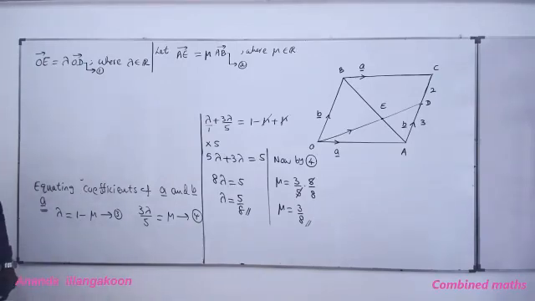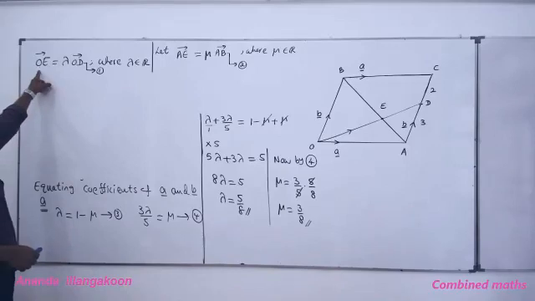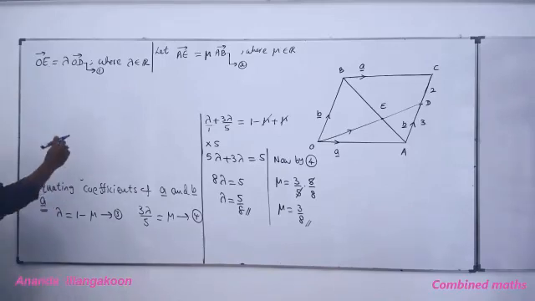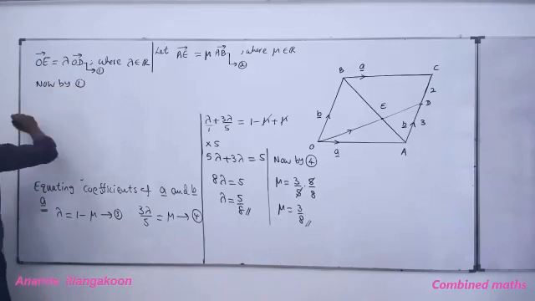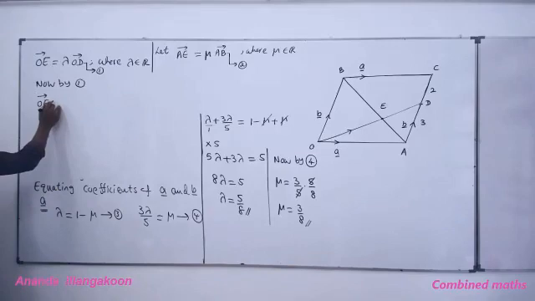To get the next answers, I'm going to start from equation 1. Equation 1 says vector OE is equal to lambda times vector OD.